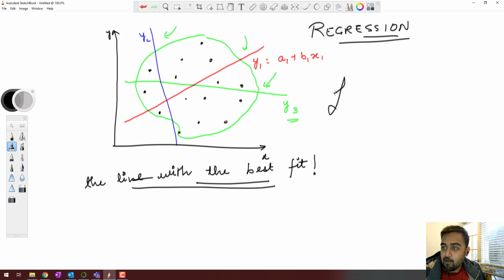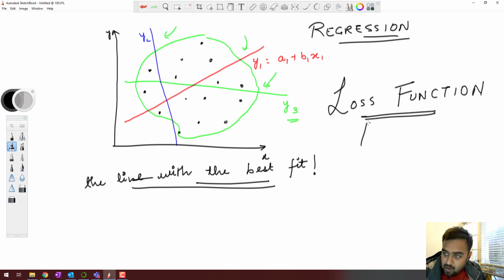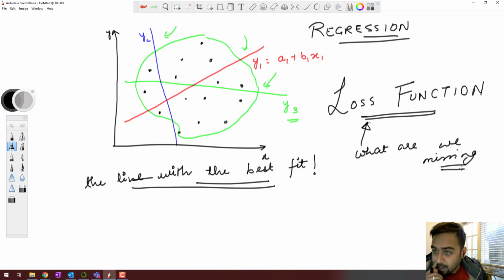We use the help of a loss function, which basically tells us what are we losing out, what are we missing, right? As in, if you have these set of data points and you get a new data point, let's say m comma n, right?